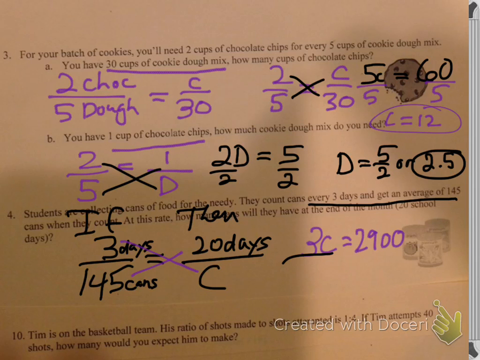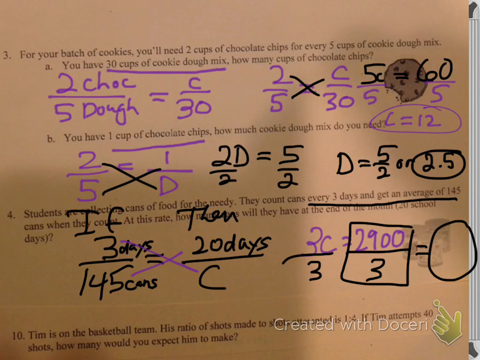Then you divide. So, whatever 2,900 divided by 3 is, that's your answer. You can do that. I don't have a calculator and I don't have time. And number 10, you need to do it yourself. Show us your answer and turn this paper in. Nice job, guys. The end.